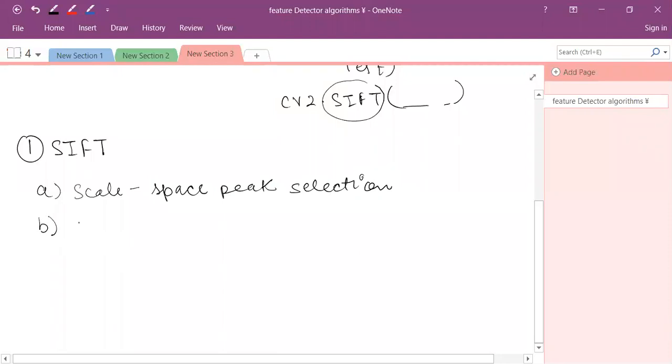The second step is called key point localization. The third one is orientation assignment.